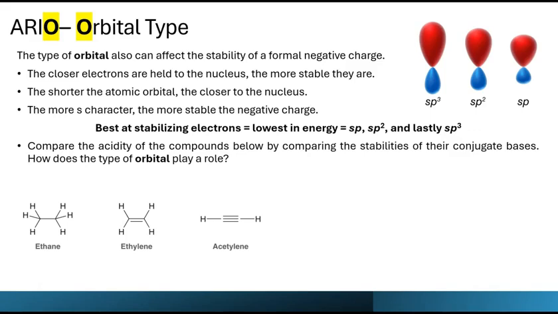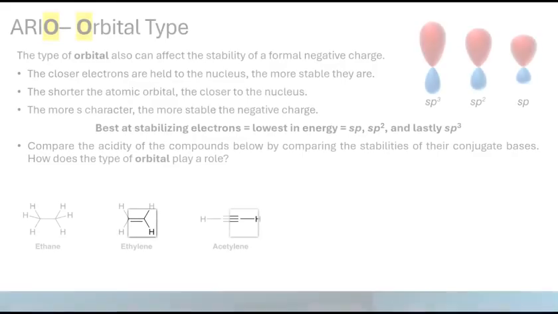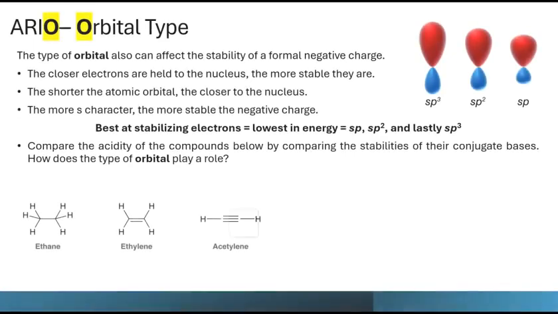In each case, if it loses H+, we're going to be left with a carbanion. The first one will have a carbanion at this carbon here, and this one here, and this one here. So if we have a carbanion that forms in an sp3 hybridized carbon versus an sp2 versus an sp, the one that's in the sp is going to be the most stable.